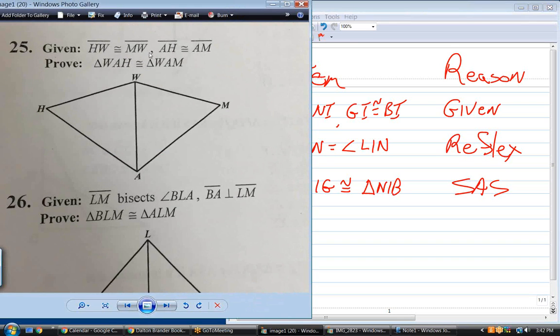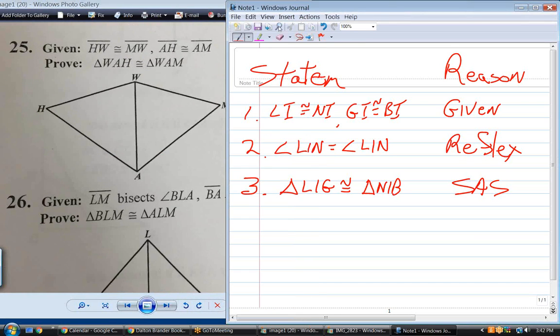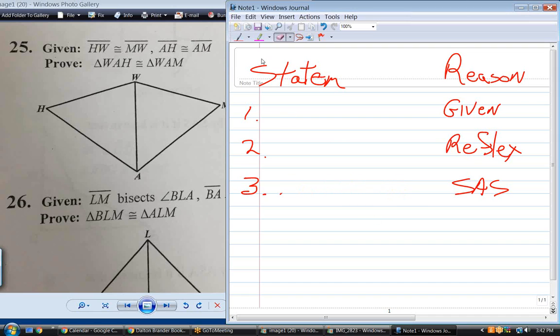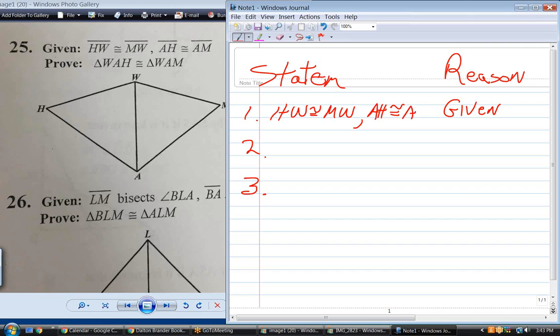So let's have a look at this. First statement. Line HW is congruent to line MW. Line AH is congruent to line AM. Given, okay.